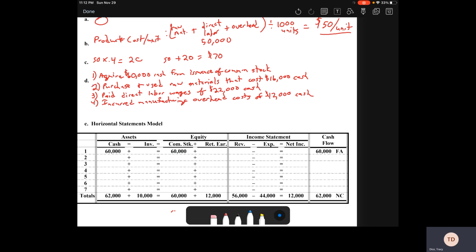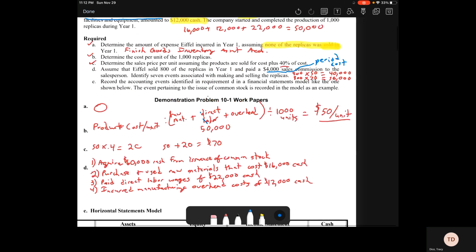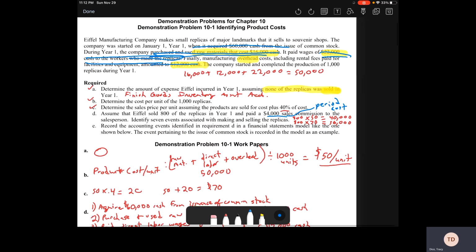All right, there's number 4. All right, so that's all the stuff we've got up there. So now we've got to come down to actually looking at part D.